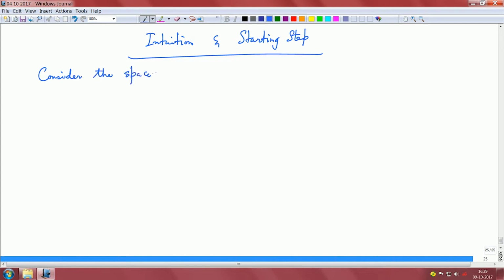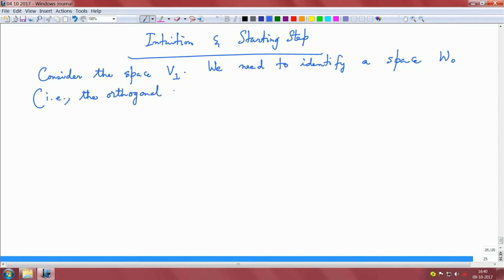Consider the space V1. We need to identify a space which is, say, W0, that is the orthogonal complement of V0 with the following properties.